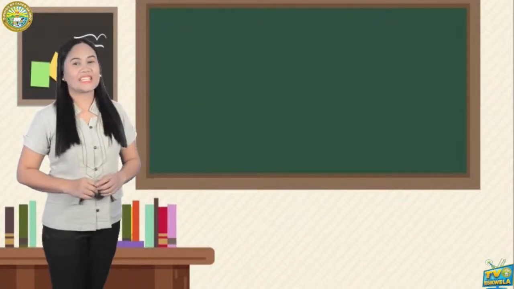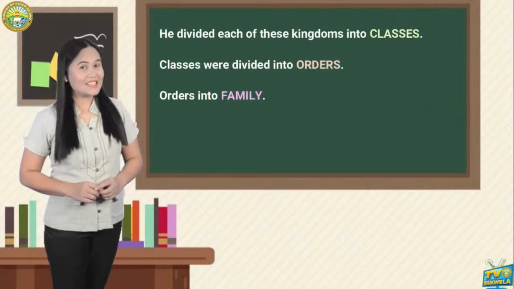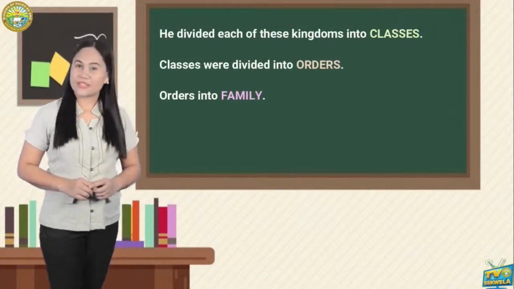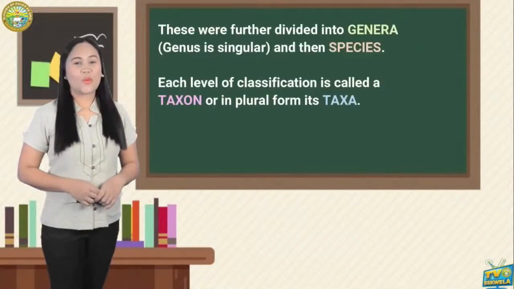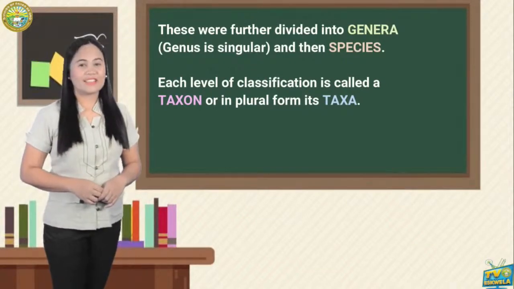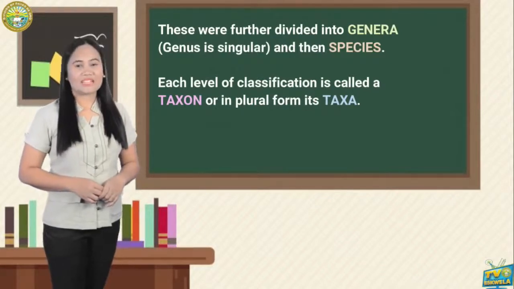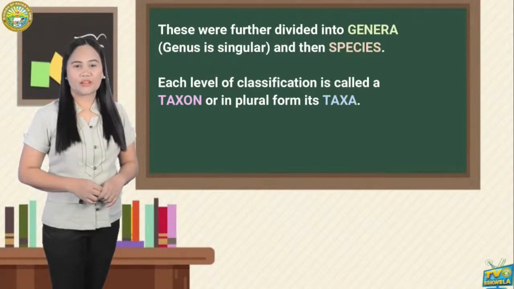He divided each of these kingdoms into classes. Classes were divided into orders, and orders into family. These were further divided into genera. Genus is singular, and then species. Each level of classification is called a taxon, or in plural form, taxa.